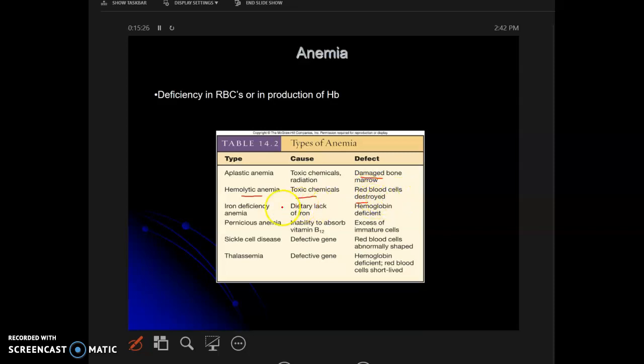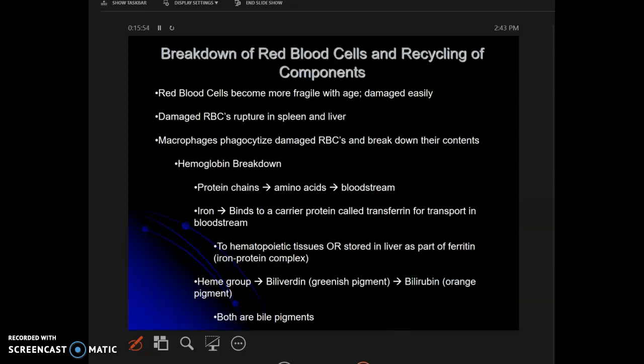Iron deficiency anemia, of course, because they lack dietary iron and they're hemoglobin deficient. Pernicious anemia is because they do not absorb B12, lack of intrinsic factor, so they have immature RBC. Sickle cell anemia, we talked about that, is a defective gene. Thalassemia is also a defective gene, but now the RBC is hemoglobin deficient and red blood cells are going to be very short-lived.